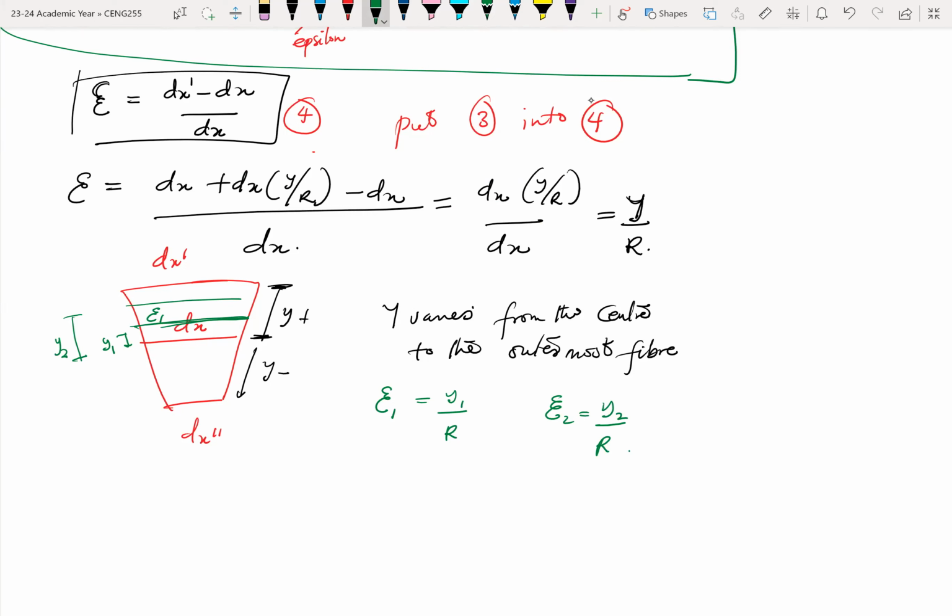Which means that the maximum strain occurs when y is maximum. So epsilon max is equal to y max over r. Strains are lowest at the neutral axis, and highest at either the upper outermost fiber or the lower outermost fiber. One of them will give you the highest strain. You delve deeper into this.